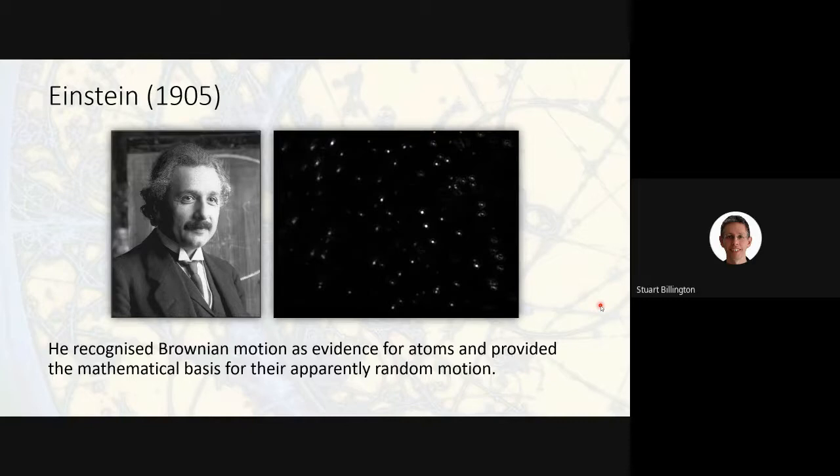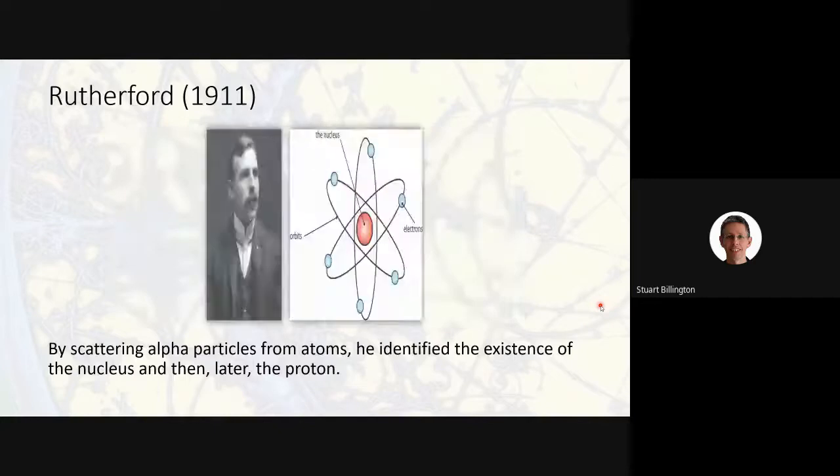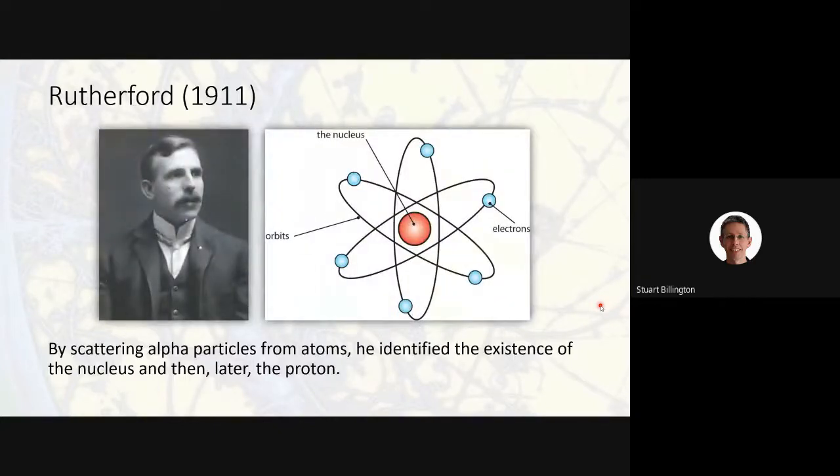Okay, thank you to Einstein, but then it gets very quick indeed. Six years later, just 6 years after the first direct evidence of atoms, Rutherford has dissected the things.